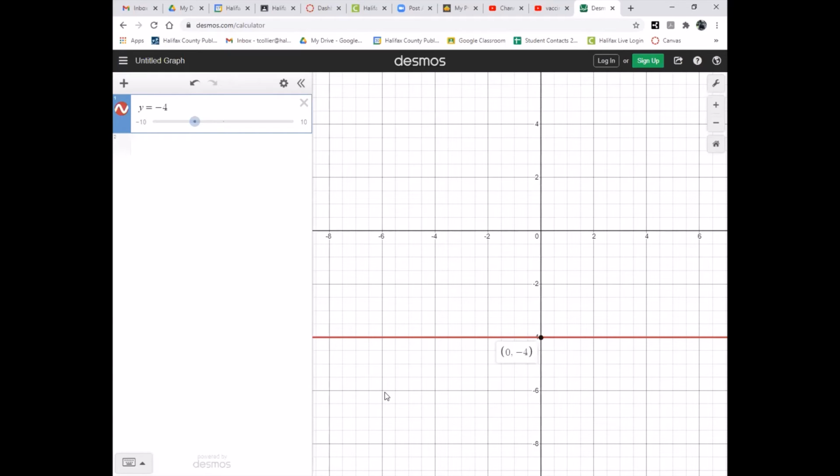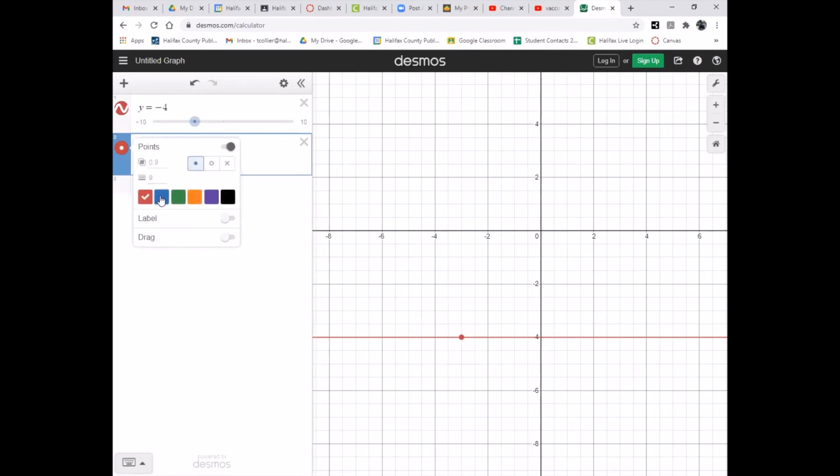Also, they gave us 2 points at the very beginning, and I want to graph those. So the two ordered pairs that they gave me in the beginning of the problem was -3, -4. So I'm going to type those in, -3, comma, -4. And I get this red dot right here, which really should be another color.